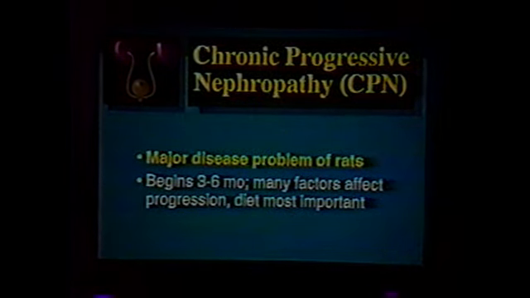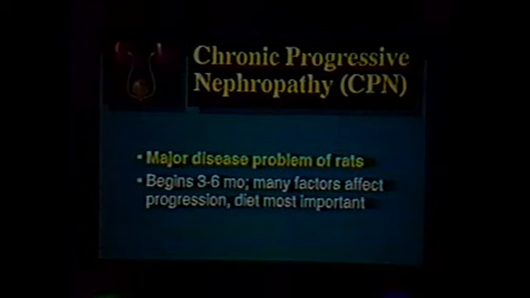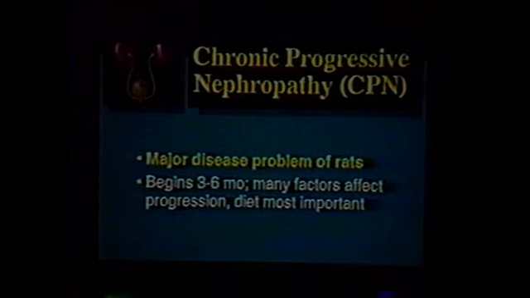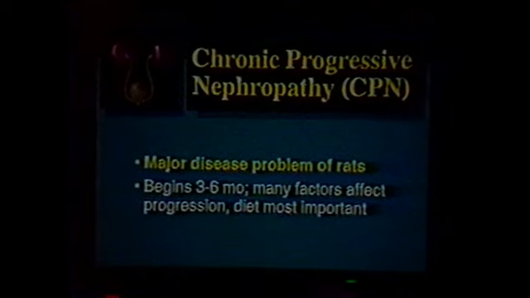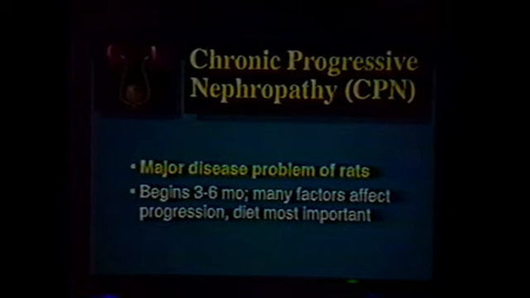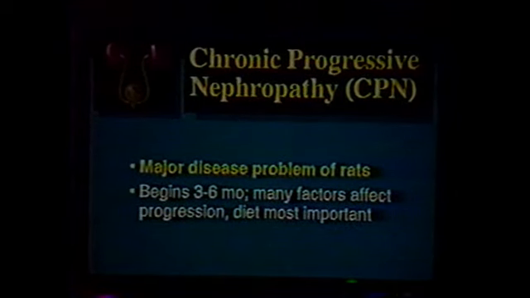Neoplasms are relatively uncommon. Nephroblastomas and renal carcinomas do occur sporadically. The exception is that Brown Norway rats have a high frequency of transitional cell carcinomas.